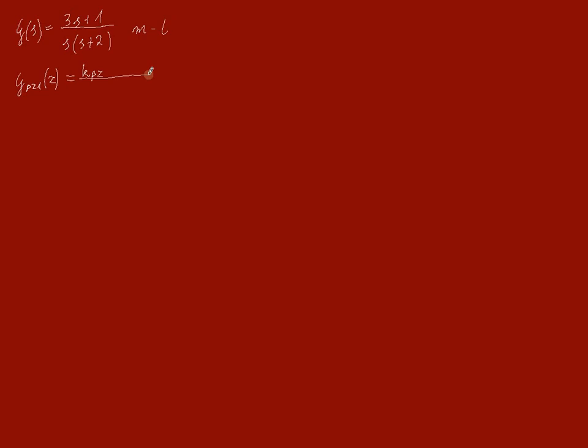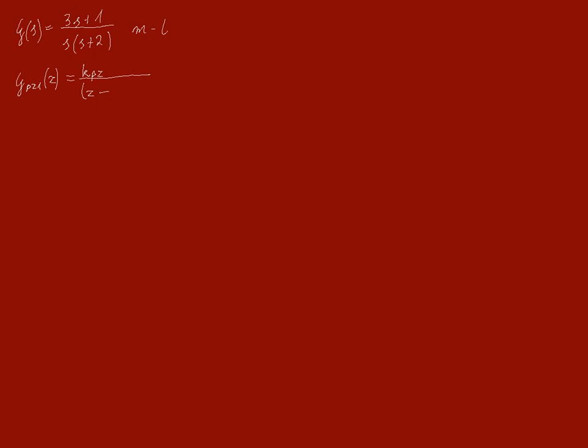Let's start with the poles. There are two poles in the original transfer function, 0 and minus 2. Therefore, we need to map both of these poles in our new transfer function G of z. First, the minus 2 pole. According to the formula given earlier, the pole should be the value e to the power of Tp times the pole.